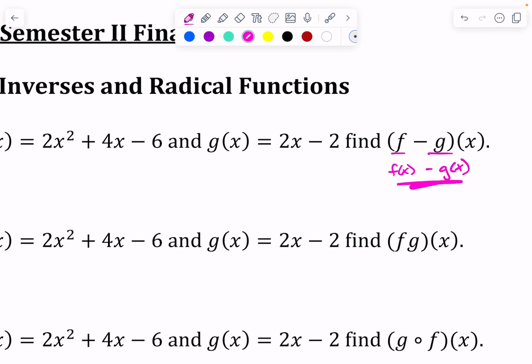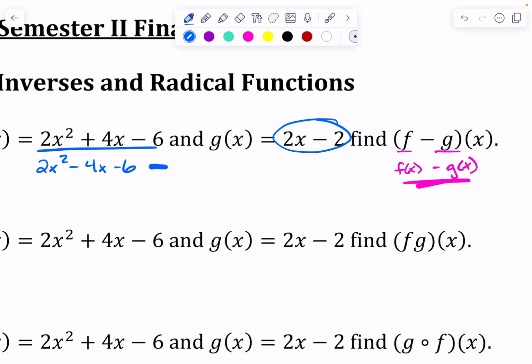So I am taking this guy, 2x squared minus 4x minus 6, and I am subtracting this guy. Now, I'm going to be really careful when I subtract because I'm going to put him in parentheses, because when you're subtracting, you need to distribute the negative through. Not for this first piece. That first piece is before the negative. We don't care about that.